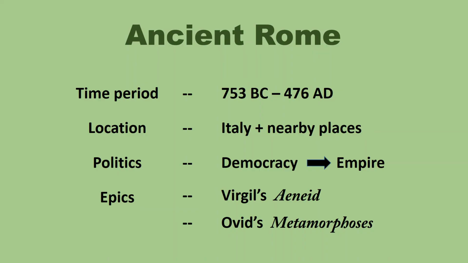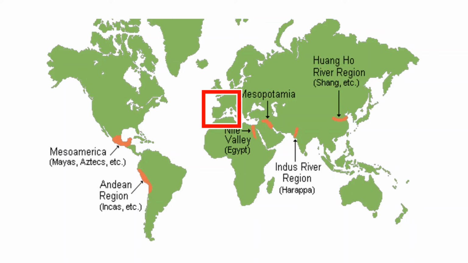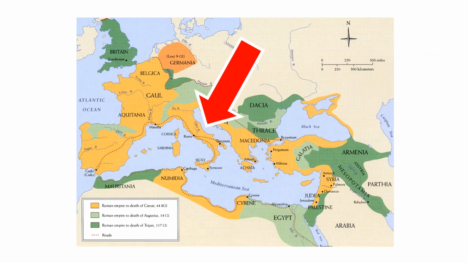The ancient Roman civilization emerged in 753 BC and declined in 476 AD. This civilization was initially located in central Italy, but in course of time it stretched from present-day Britain to southern Egypt and from the Atlantic coast to the shores of the Persian Gulf.